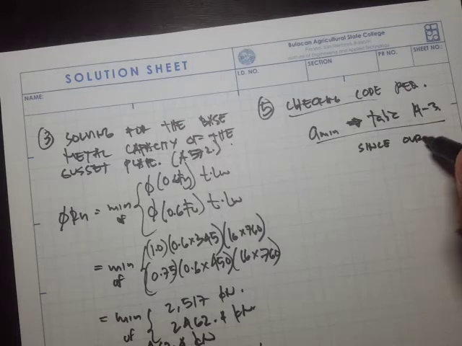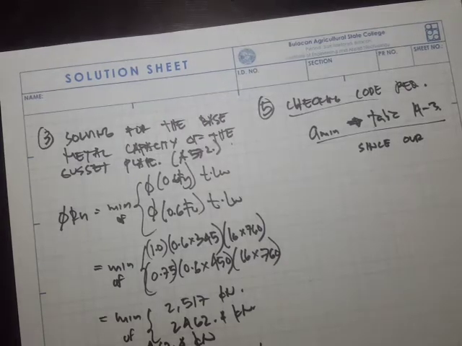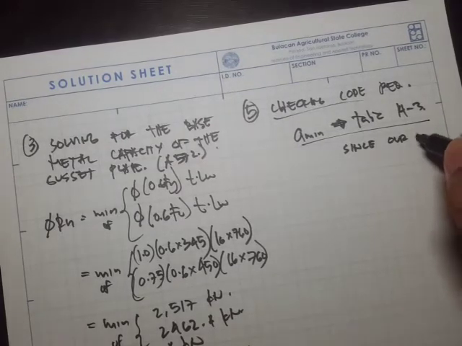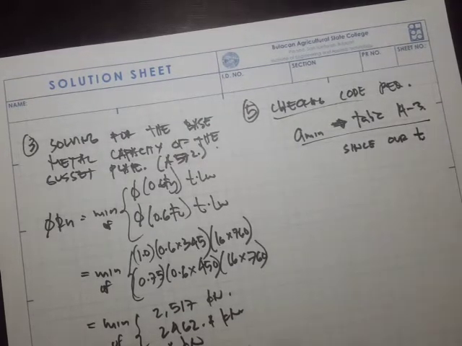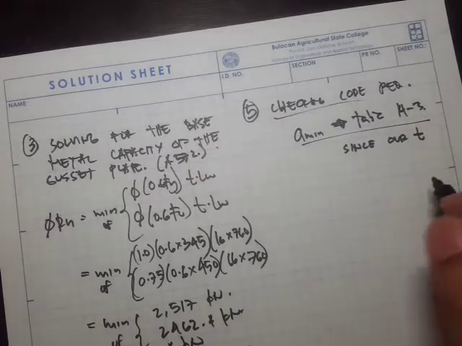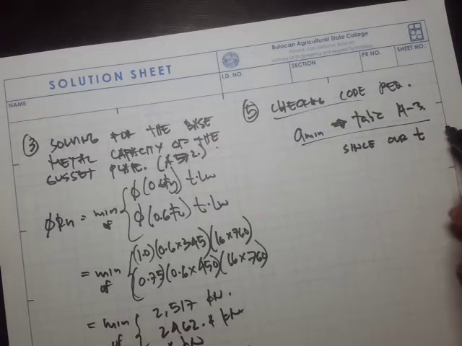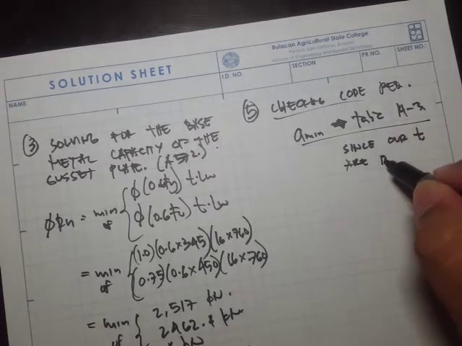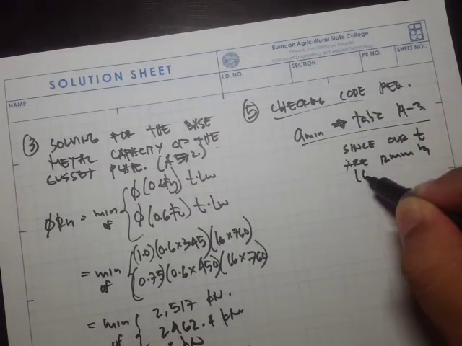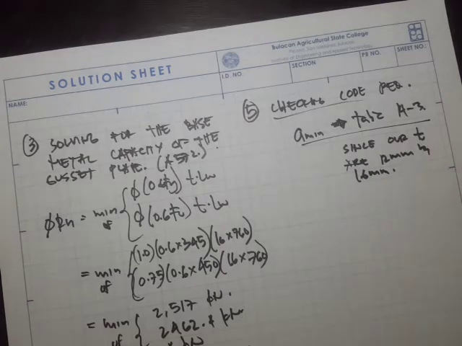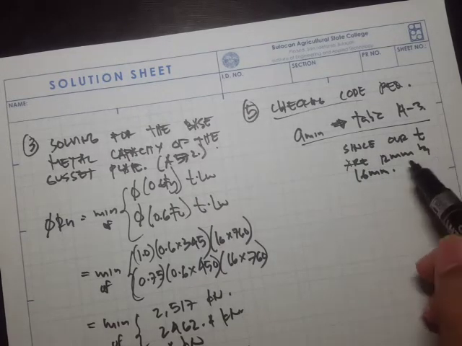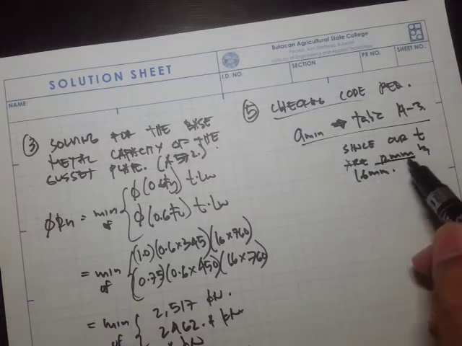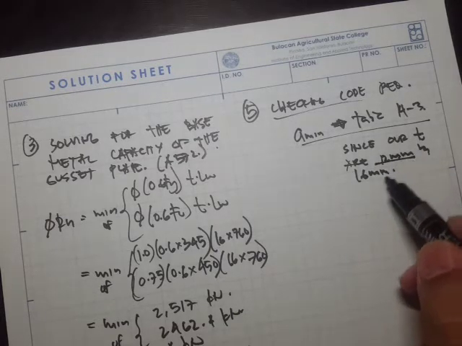Let's say the thickness of the material is 12 and 16, and we'll take the minimum thickness, that's the 12, or the minimum between the two.